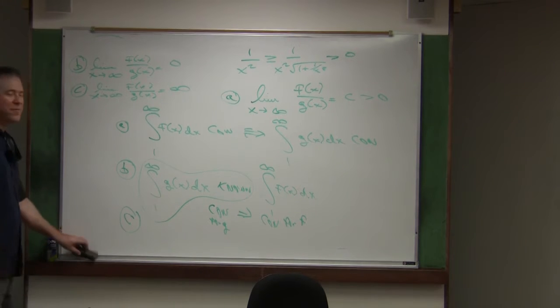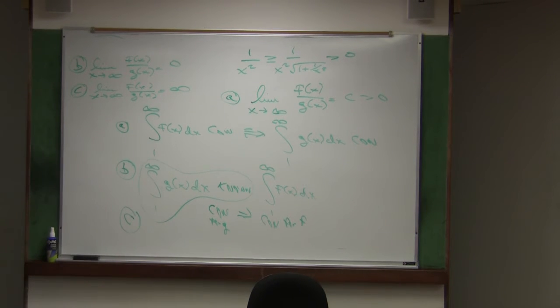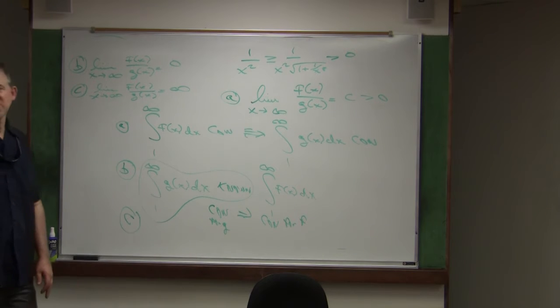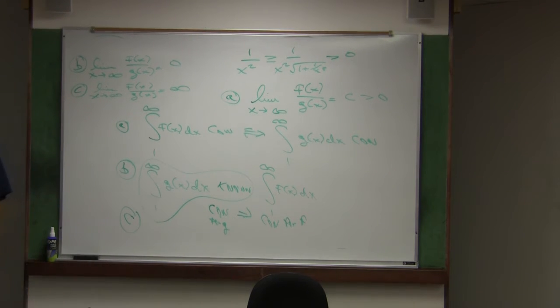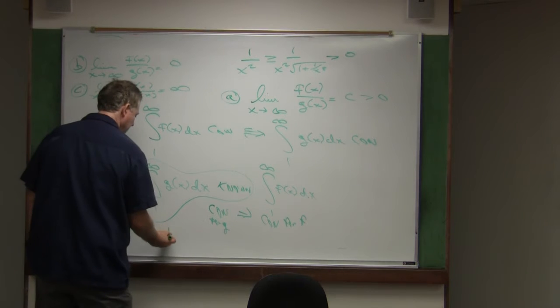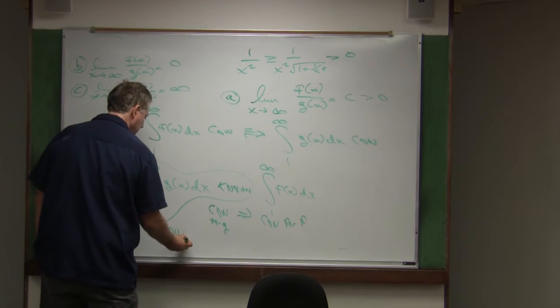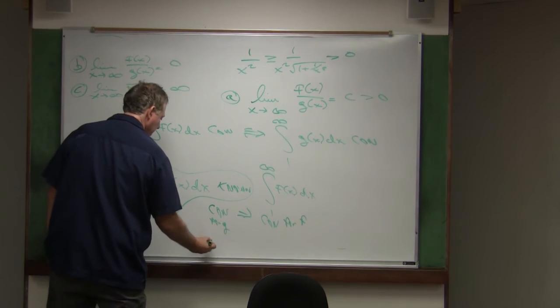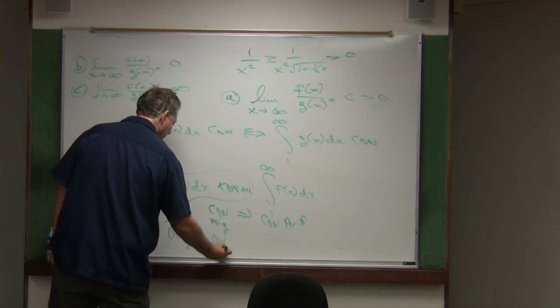So g is the one you have information on. If g converged, would you know anything about f converging? No. But what if g diverged? Then you would get information: divergence for g would give you divergence for f.